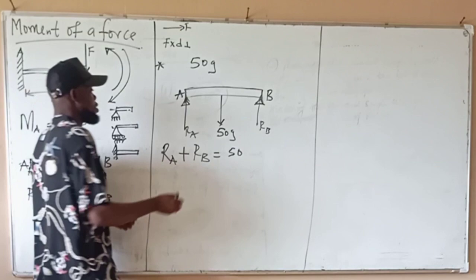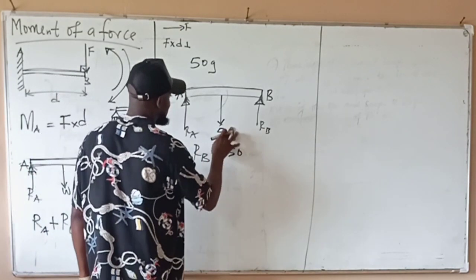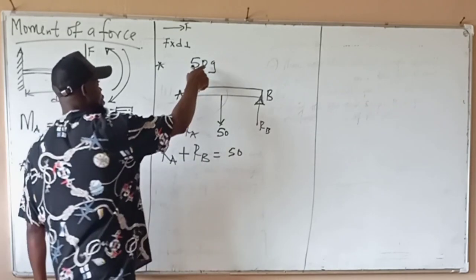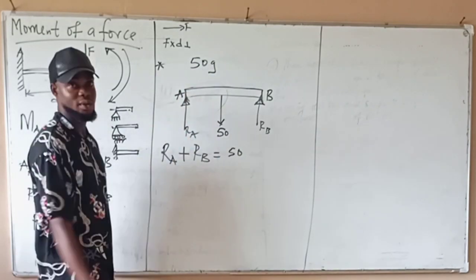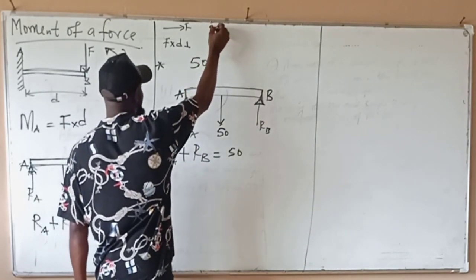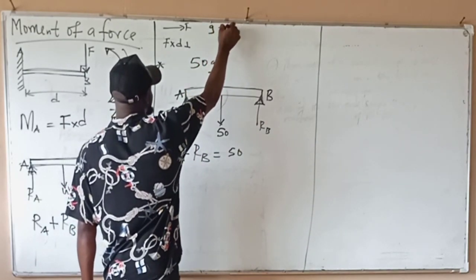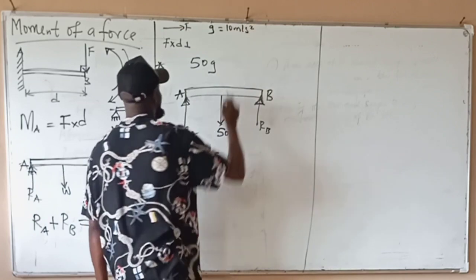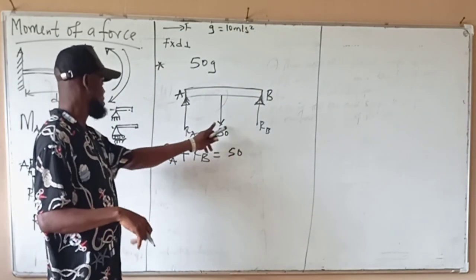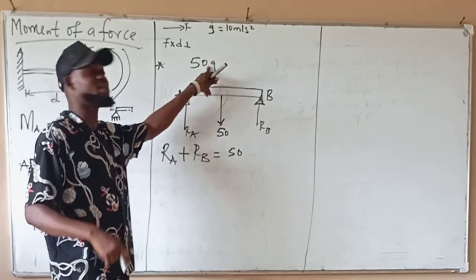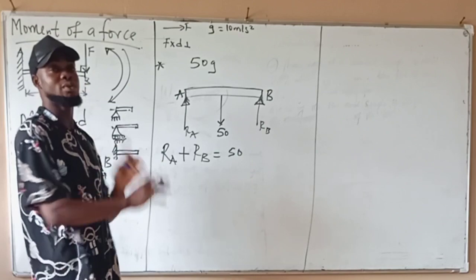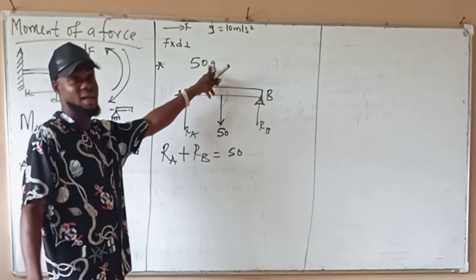To convert to Newtons, we first convert to kilograms, then multiply by 10, because our g is 10 meters per second squared. Because this weight is supposed to be in newtons or kilonewtons, which have the unit of force, not the unit of mass.